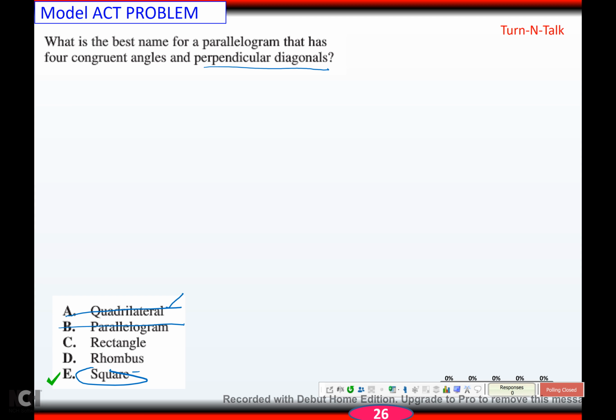A rectangle will have congruent angles, but its diagonals aren't necessarily perpendicular. A rhombus will have 4 congruent sides and perpendicular diagonals, but the angles aren't all equal. So the only one that fits everything is the square.